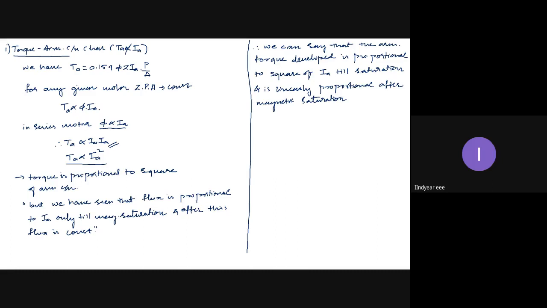So I can write TA proportional to Ia square before magnetic saturation, and TA is proportional to Ia after magnetic saturation.